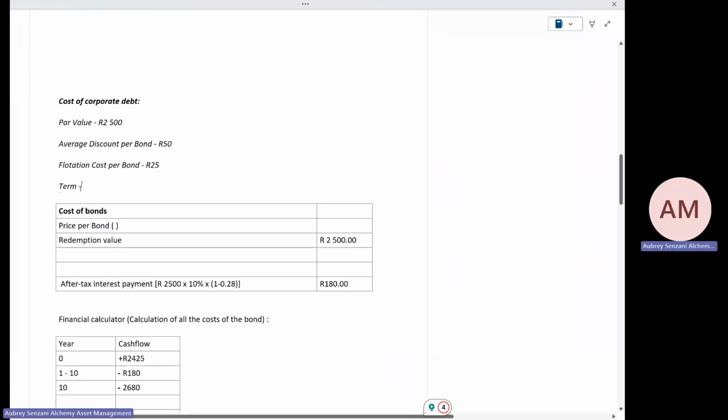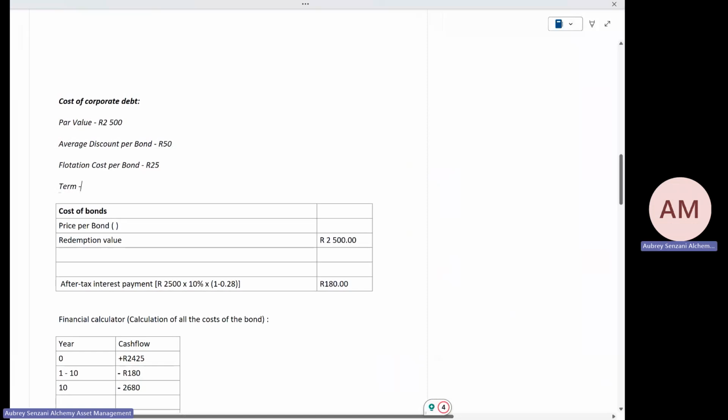Anyway, last thing that they say there, the extent of capital that can be sourced through the corporate bond issue is considered unlimited. So no limitations there. Then preference shares. The company can issue preference shares at a par value of 200 Rand per preference share, with flotation costs of 5 Rand per share.